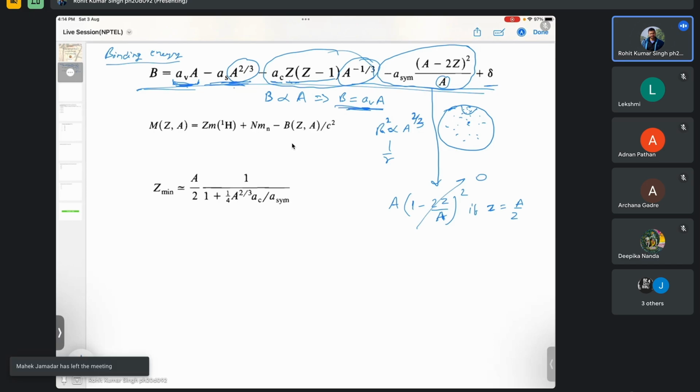So this term is for considering that a stable nucleus should have an equal number of neutrons and protons, I mean, should have Z equal to A by 2.